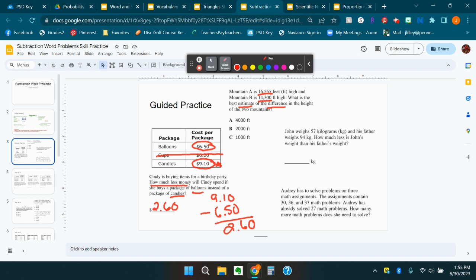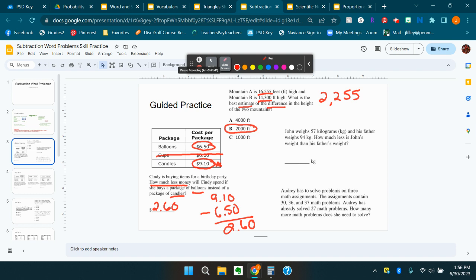So we're going to plug this into our calculators as a subtraction problem. If we type it in exactly, we're going to get 2,255 as our answer, and we're simply choosing because they're estimating. They're not giving you a choice that's an exact answer. We're going to just choose the one that is closest to that. You could also choose to round your numbers first and then solve, and that's fine as well.